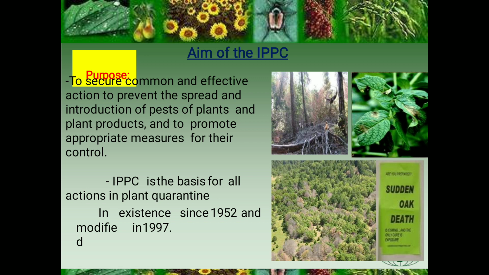Then the aim or purpose of IPPC is to secure common and effective action to prevent the spread and introduction of pests of plants and plant products, and to promote appropriate measures for their control. That means, as we discussed previously, it provides common and effective control measures to avoid the spread of the pest.